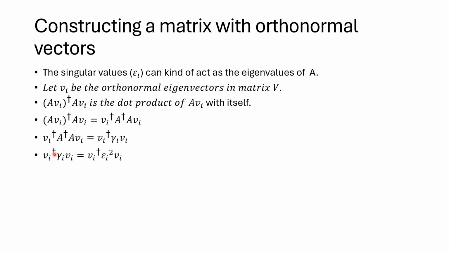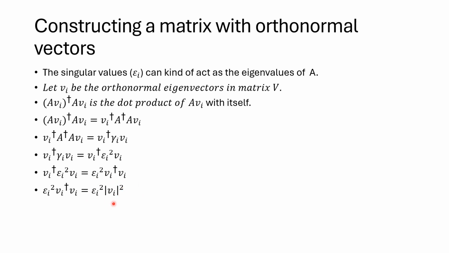And since we have this, we know that the eigenvalue of A transpose A is just equal to the square of the corresponding singular value. And so after we get that and do a little bit of rearrangement, we get something like this where we end up with a dot product of the eigenvector V. And finally, we can rewrite the dot product of the eigenvector into something like this.